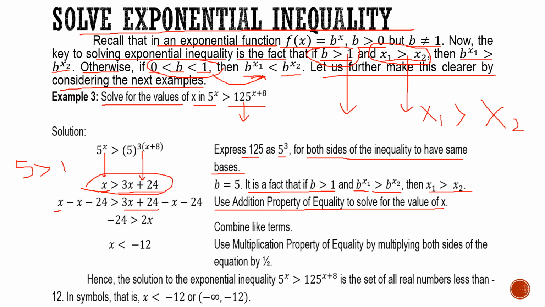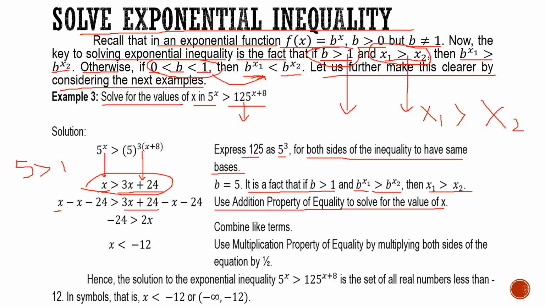So since there is a change both in your right side and left side, we need to transpose x to another side and 24 to another side. So we need to apply the addition property of equality.